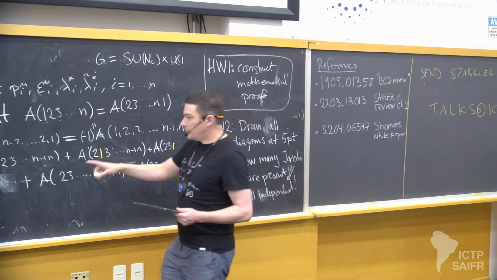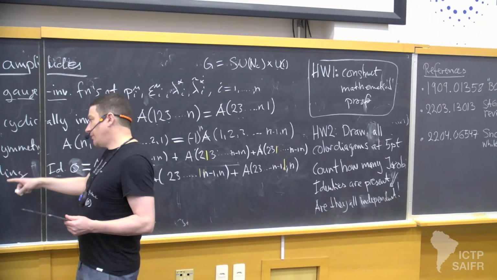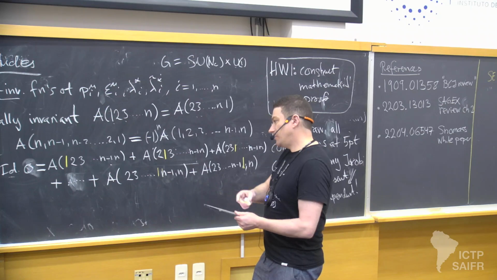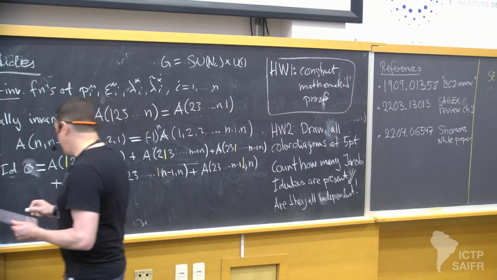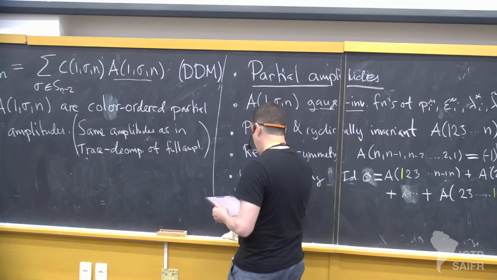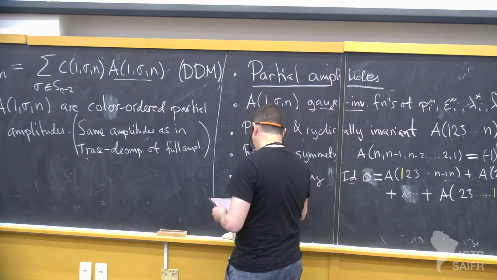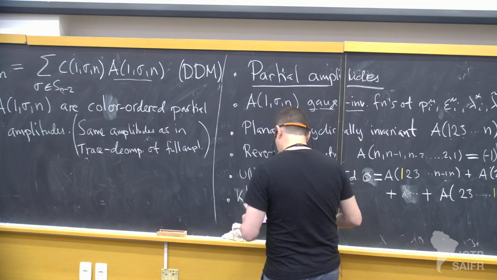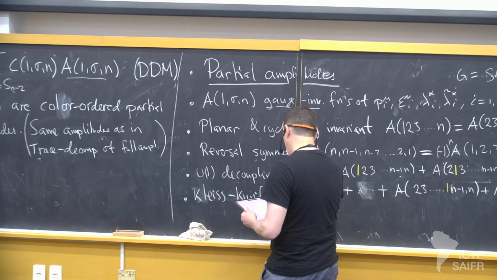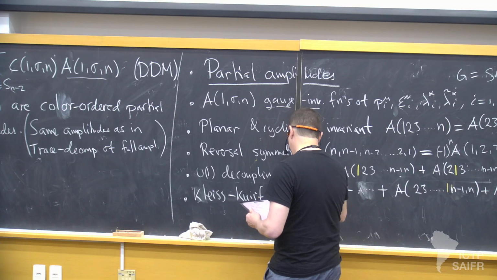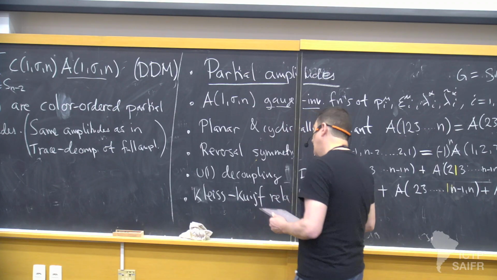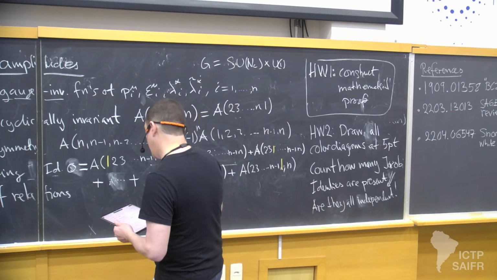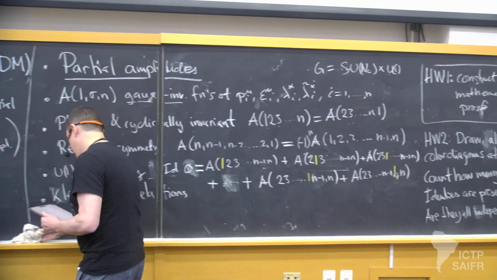But it turns out that this U1 decoupling identity, or photon decoupling identity, is just one identity in a big family of identities called Kleiss-Kuijf identities, after the authors who came up with them, or Kleiss-Kuijf relations.